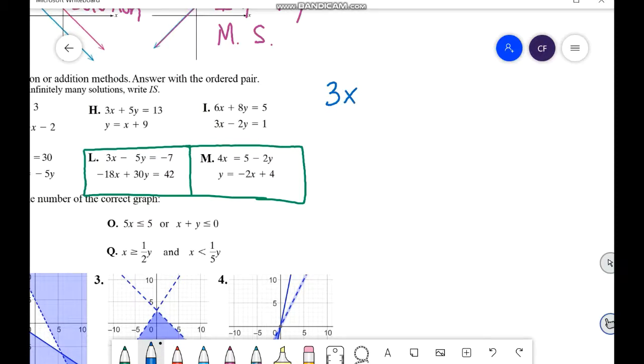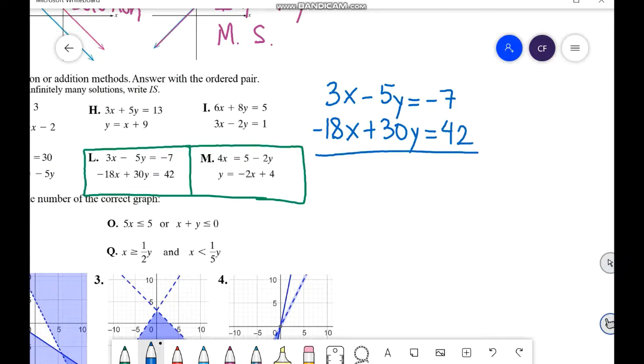3x minus 5y equals -7, and the other equation is -18x plus 30y equals 42. I'm going to use the addition method here.